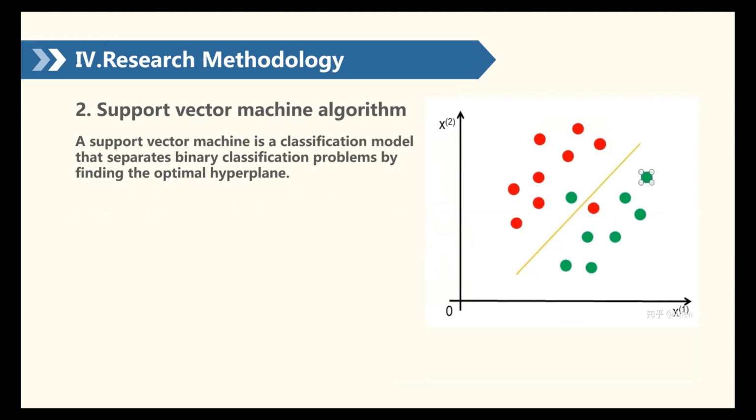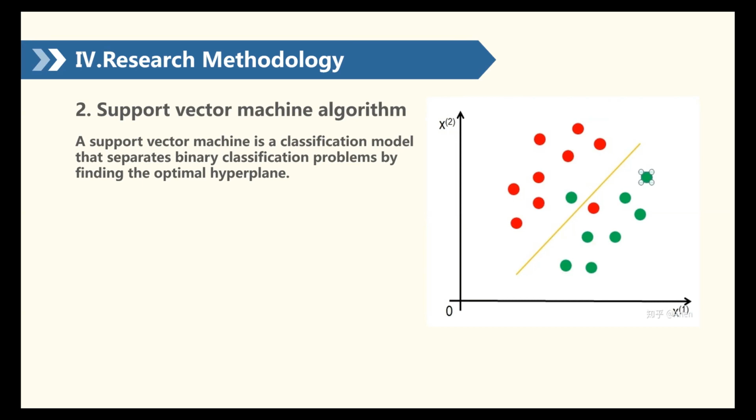Two, support vector machine algorithm. The support vector machine algorithm is a supervised learning method that can be widely applied to statistical classification as well as regression analysis. It maps vectors into a higher dimensional space where a maximum interval hyperplane is created.